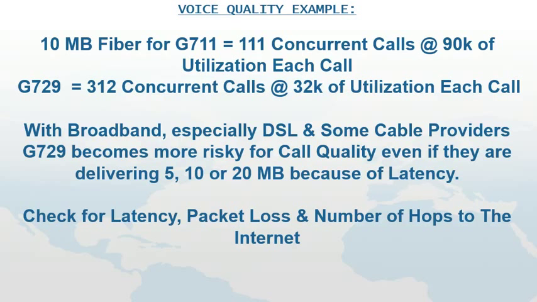When you move up to G729 compression, then you want to be even more diligent in investigating the quality of your ISP by looking at the latency, number of hops to the internet, packet loss, and stability of the speed streams. So a lot of factors can enter into the equation. Also, other issues such as, is your business in one location or multiple locations, even remote agents, all sharing a dialer hosted in a data center.